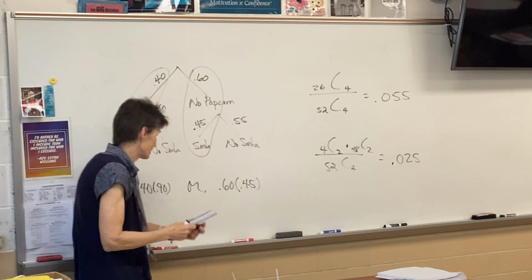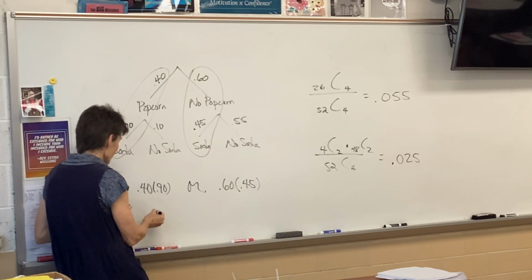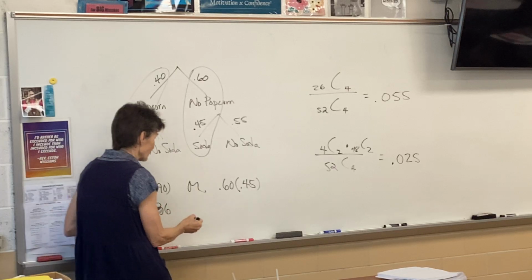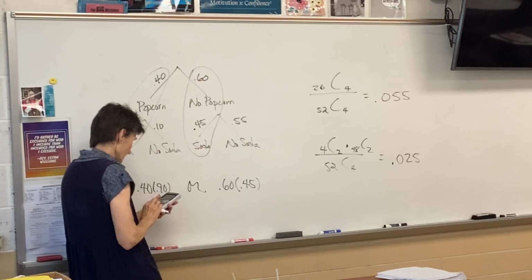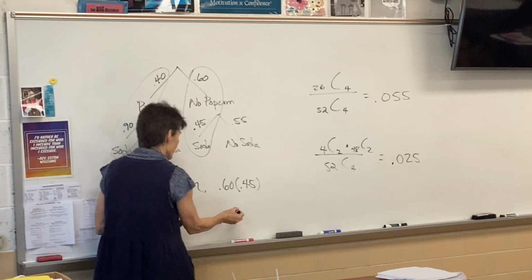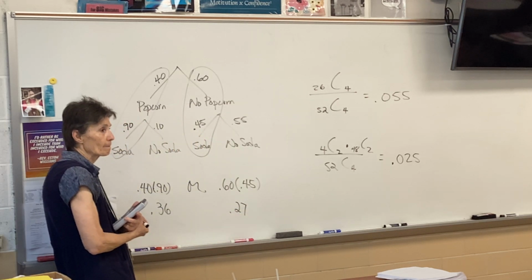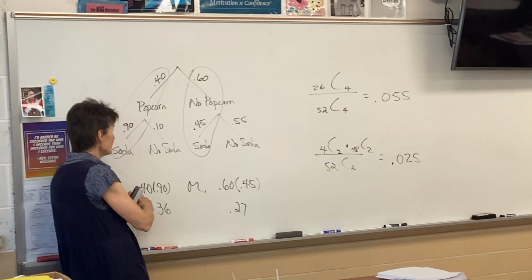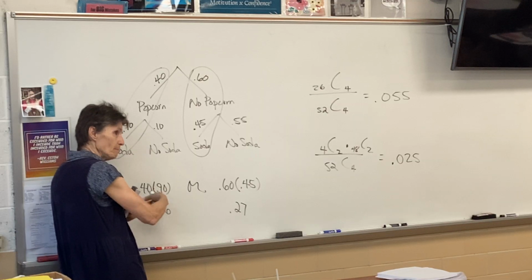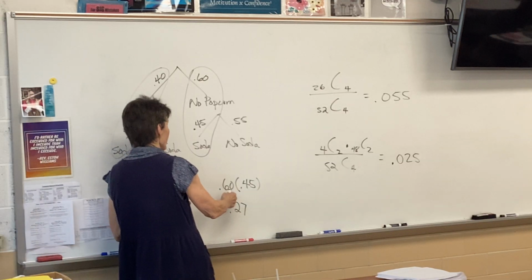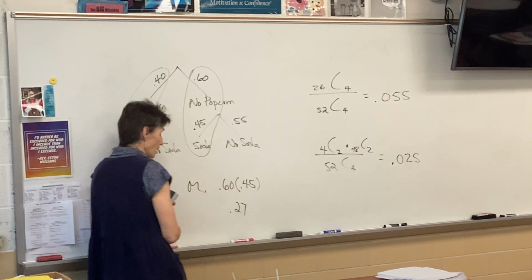So let's see. This one's 0.36. And that one is 0.27. So popcorn and soda multiplying. No popcorn and soda multiplying.